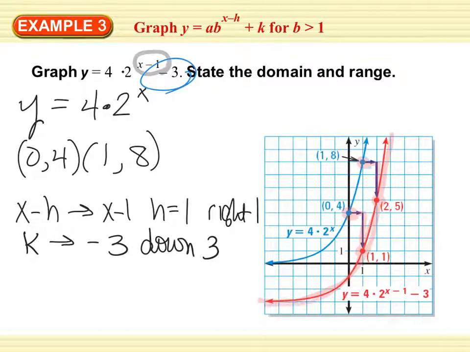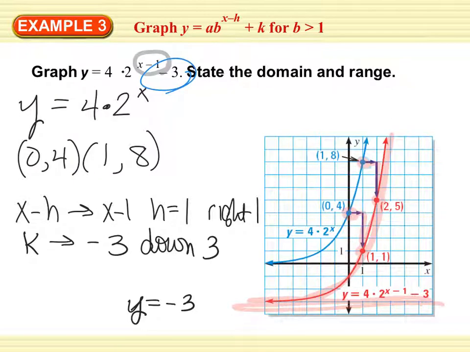Okay, I know we said the x-axis is an asymptote, but our asymptote has now moved to right there. Our new asymptote is actually, let me get my pen out, is actually not the x-axis anymore. It's the y equals negative 3 axis.